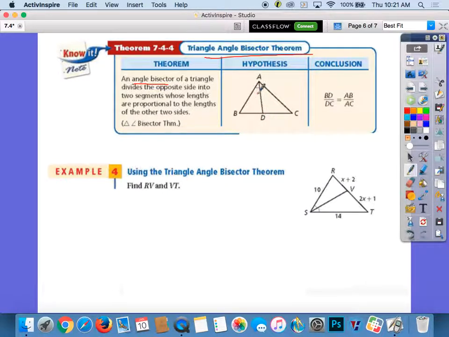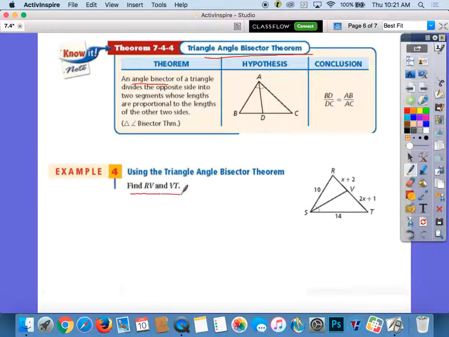So it tells me it's an angle bisector because it uses your congruency mark, so you know you're going to use this theorem. Let's see what it is talking about here. Left over right is proportionate to left over right. That's how I think about it when I'm setting these problems up. Left over right is proportionate to left over right.